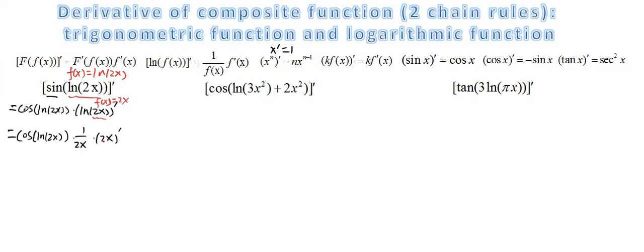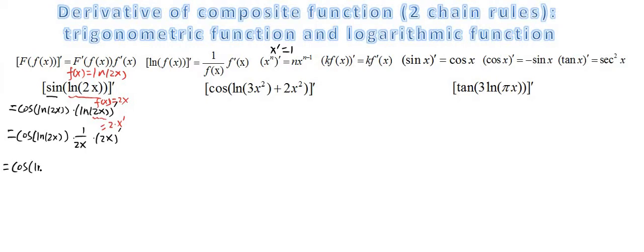And we know for the derivative of 2x, that is the constant multiple rule, right? We can pull this 2 out of the derivative. So we have 2 times x prime, and the x prime is 1. Okay, now we can simplify it.